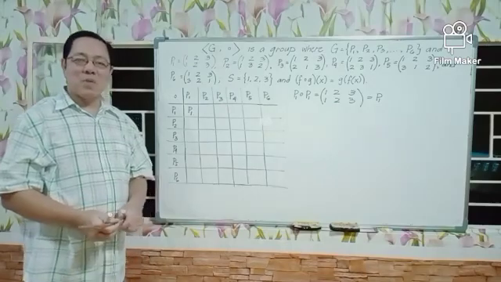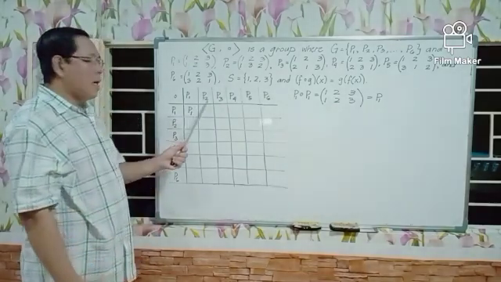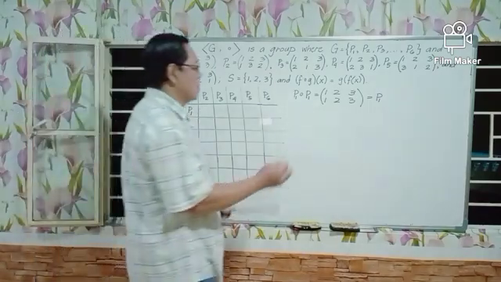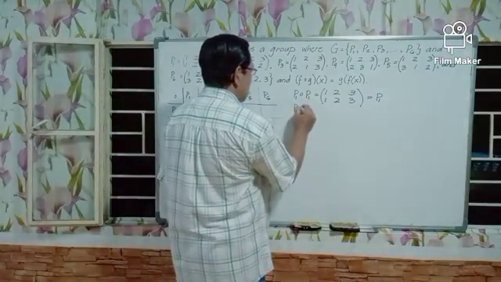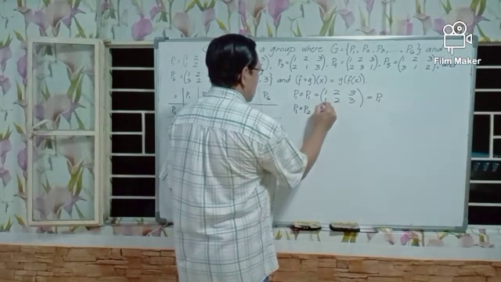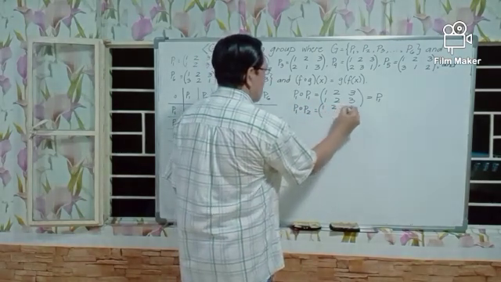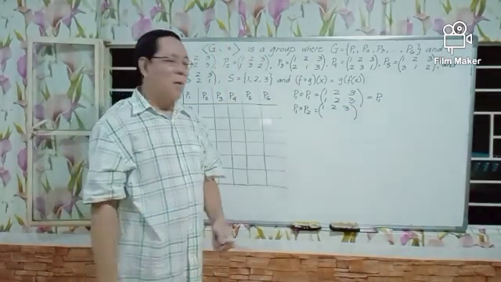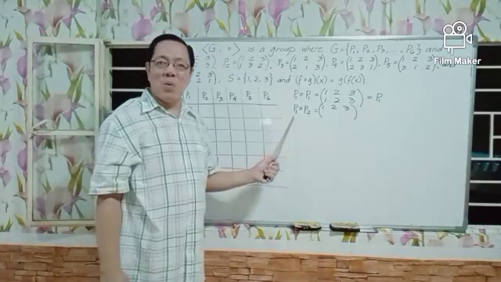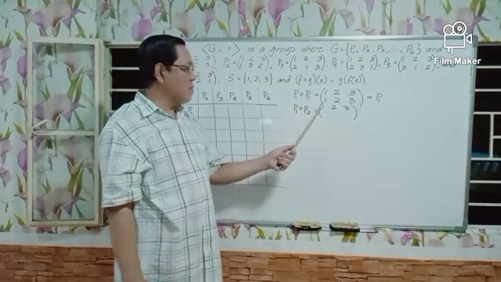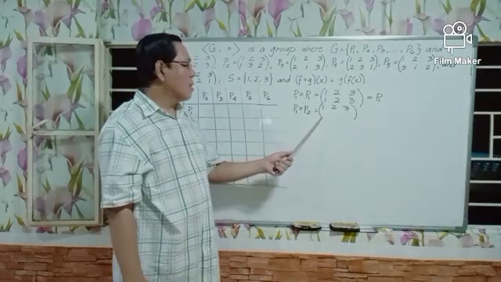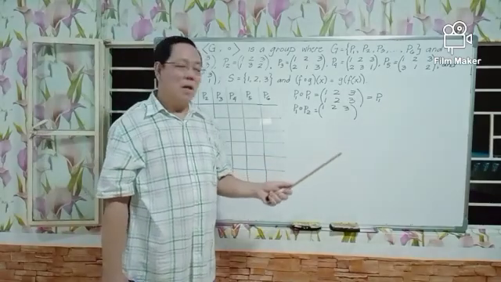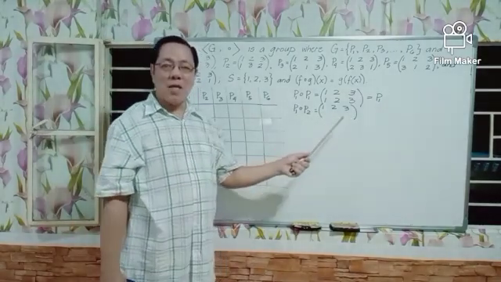Next, we find the composition of P1 and P2, or P1 circle P2. We expect that this composition is another function from set S with elements 1, 2, 3 to the same set S, except that we do not know yet the images of 1, 2, 3 under the composition.